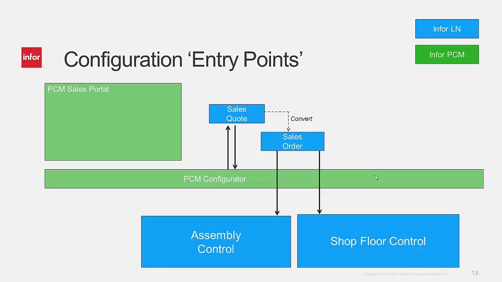Customers can also choose to still make use of the sales quote solution in LN and pass the quoting results to a sales order in LN and have the results executed by either assembly control or shop floor control.